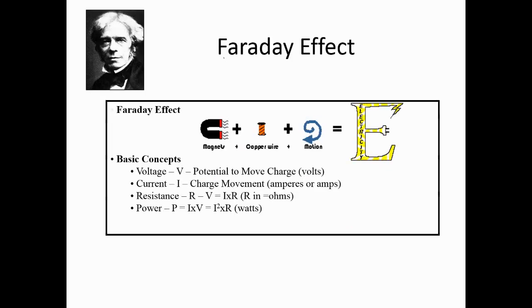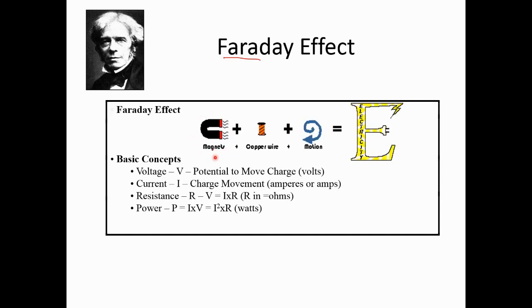Now again we go to Faraday's effect. Imagine you have a magnetic field, which could be created by a permanent magnet. Here the figure shows a permanent magnet, but by now you know that a magnetic field can also be created by an electromagnet.